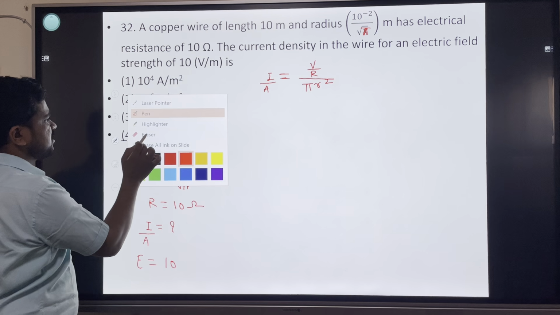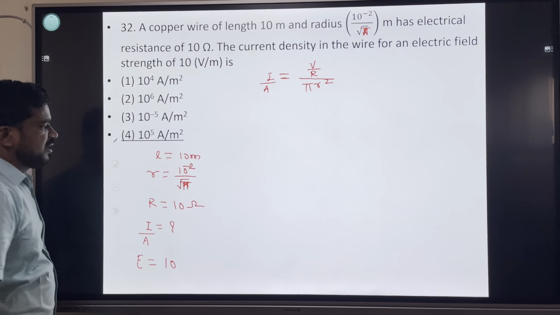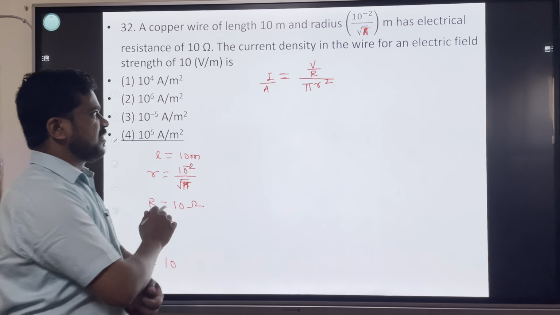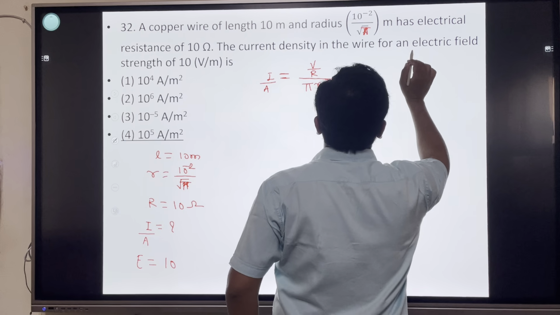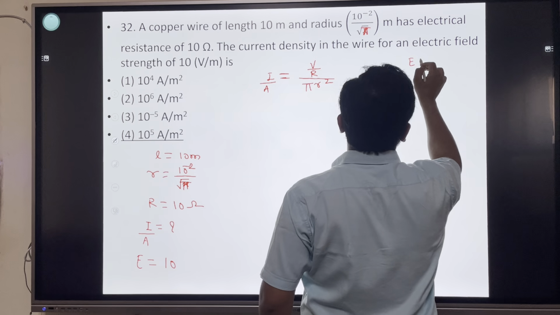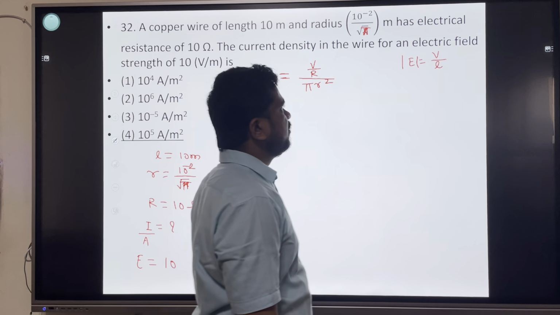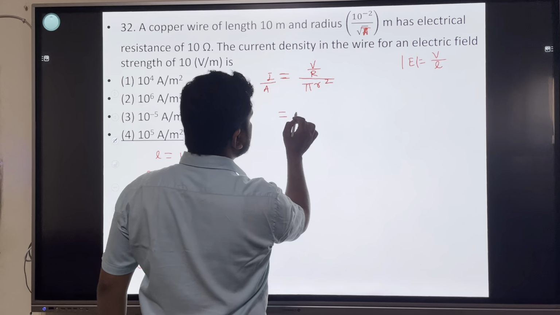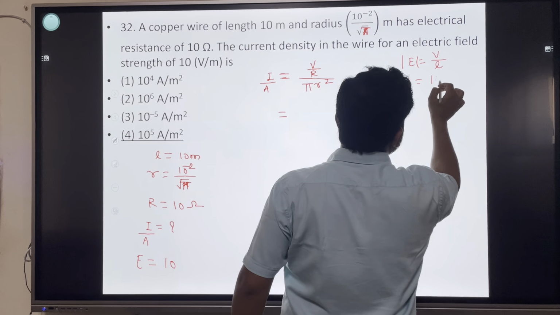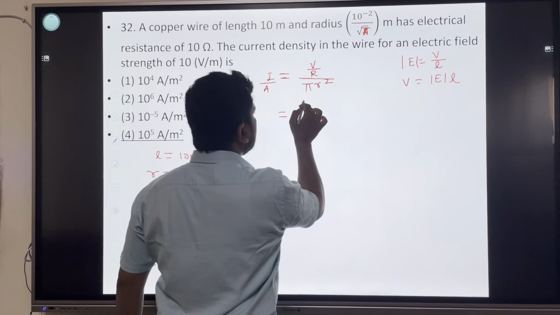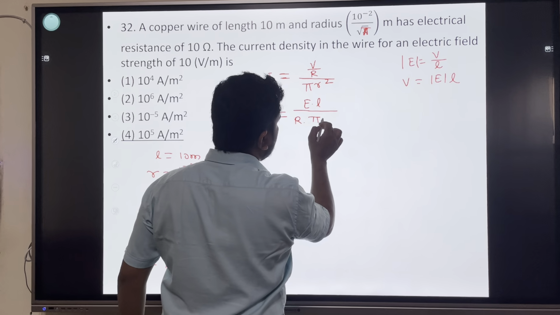Radius and resistance have similar symbols here, so we will write small r for radius and capital R for resistance. Area is pi r square. Potential is not given but electric field E is equal to potential per unit length, E equal to V upon L. So V is equal to electric field into length, E into length, divided by resistance into pi r square.